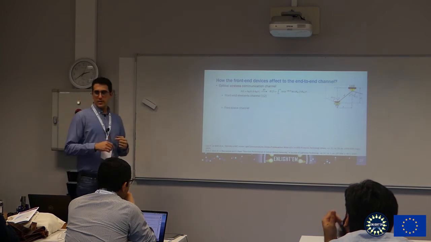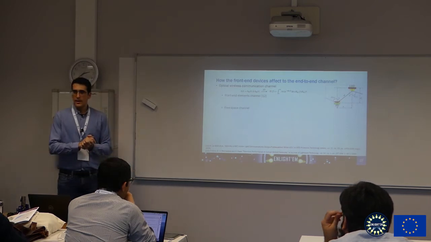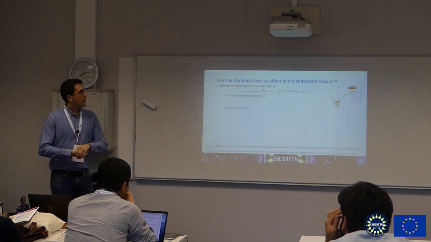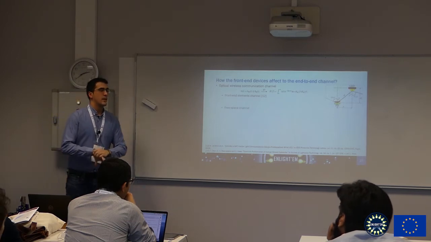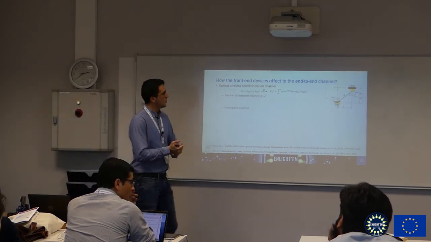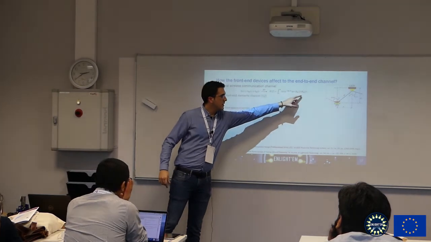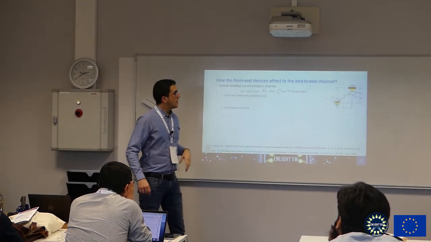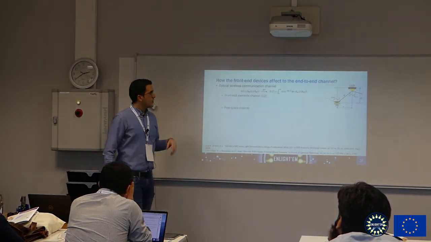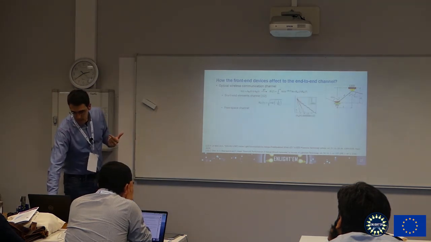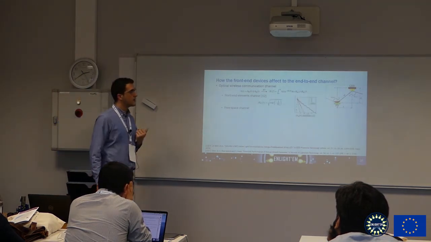So now, how do the front-end devices affect the end-to-end channel? The optical wireless communication channel is typically modeled by two effects. One is the front-end devices, and the other is the free space channel. The front-end elements, as we said before, act as a low-pass filter.